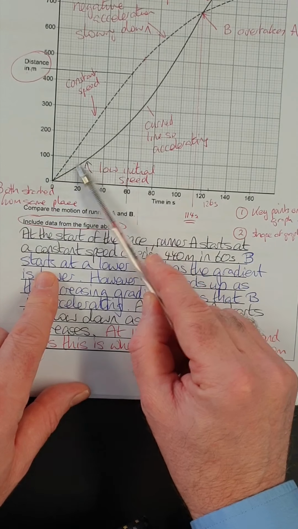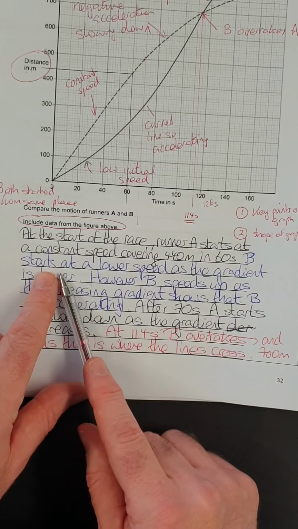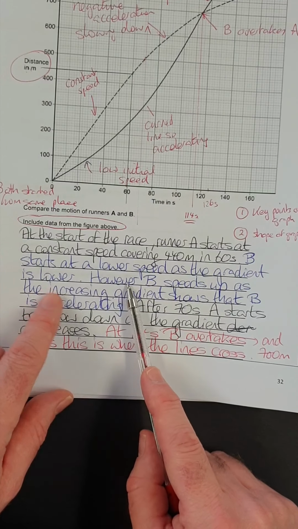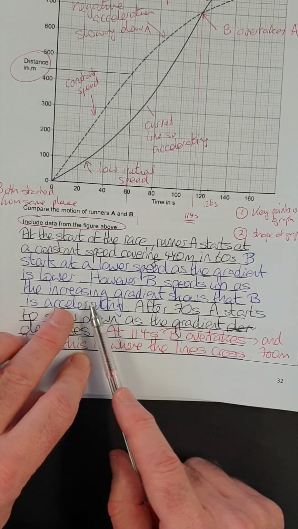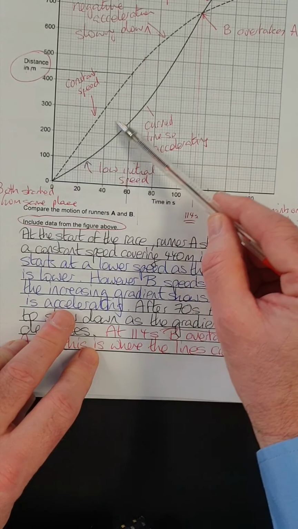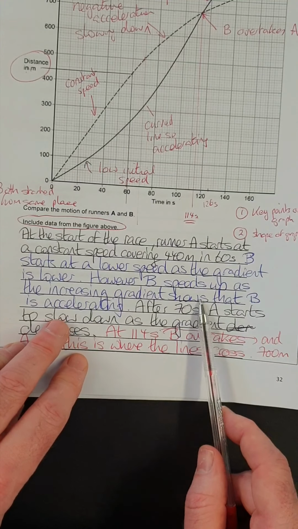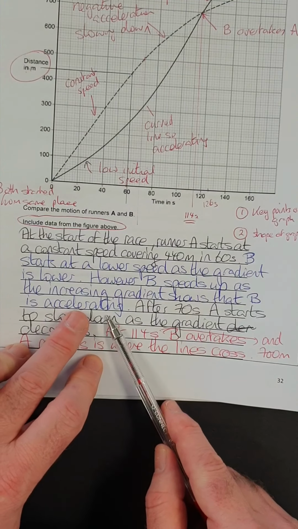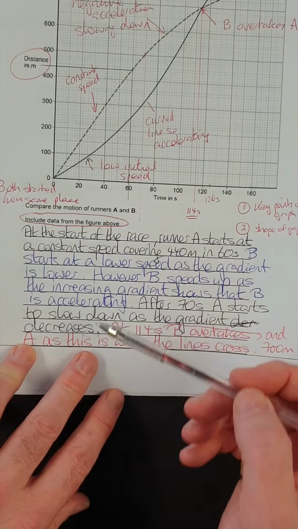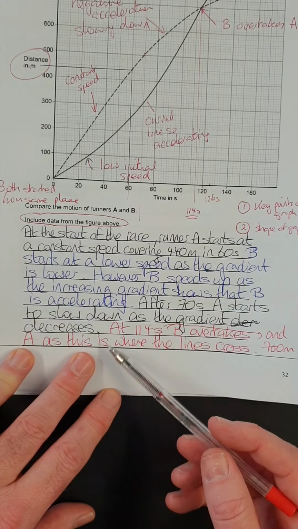I know that because the gradient is lower, so B starts at a lower speed as the gradient is lower. However, B speeds up as the increasing gradient shows. So I mean here that the gradient of this line is increasing, and this shows that B is accelerating. So that's my second mark for that statement. So I've compared the motion of the two runners at the start.